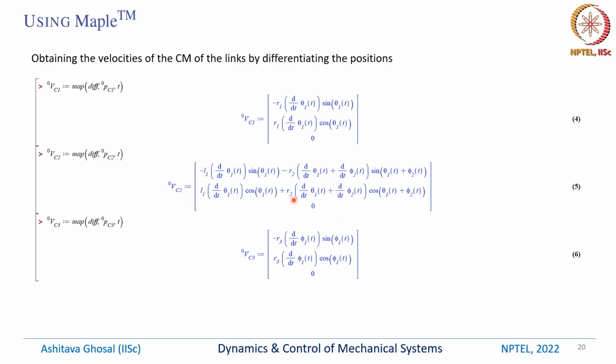So we will have theta 1 dot, but you will also get phi 2 dot, because remember the position vector of the CG of the second link has theta 1 and phi 2, whereas the position vector of the last link, the output link, contains only phi 1, and when you take the derivative you will have minus r3 phi 1 dot sine phi 1 and r3 phi 1 dot cos phi 1.